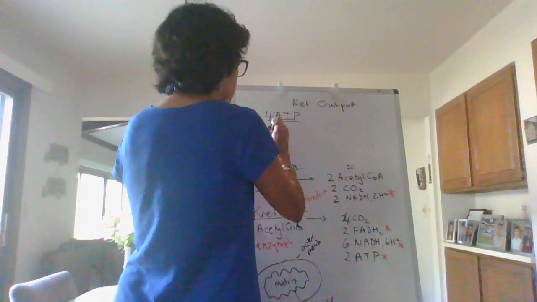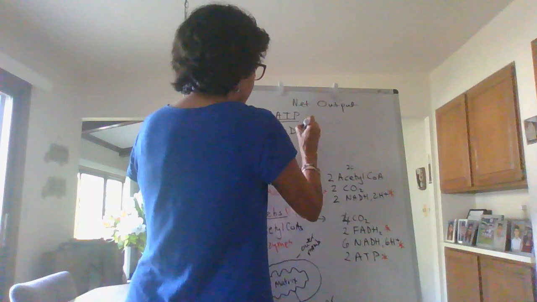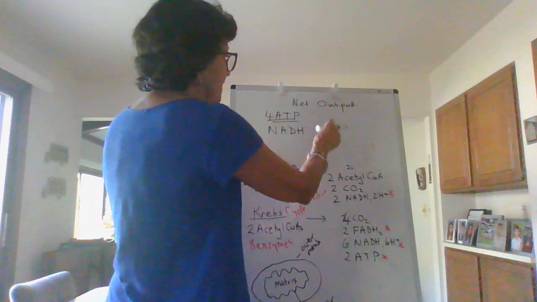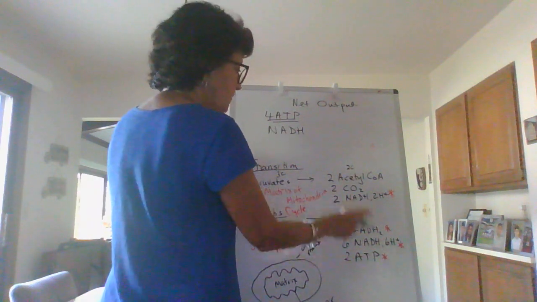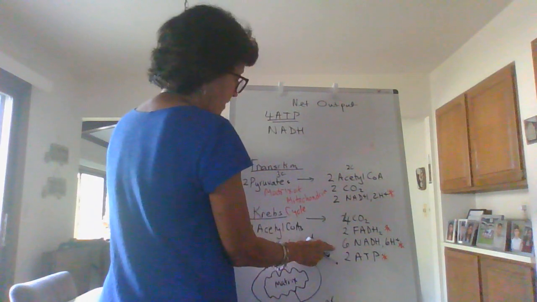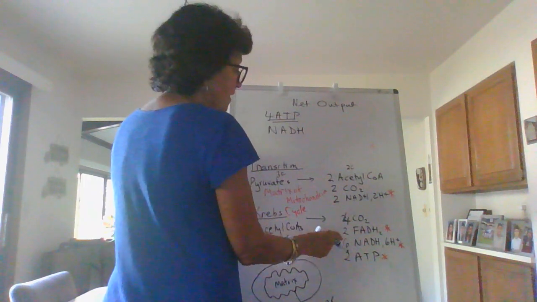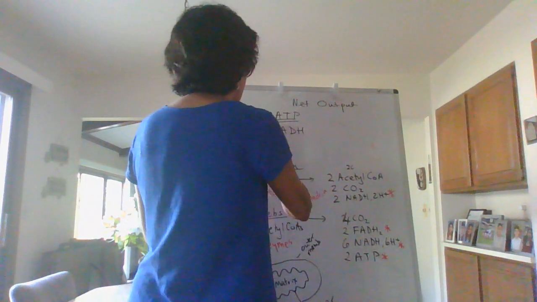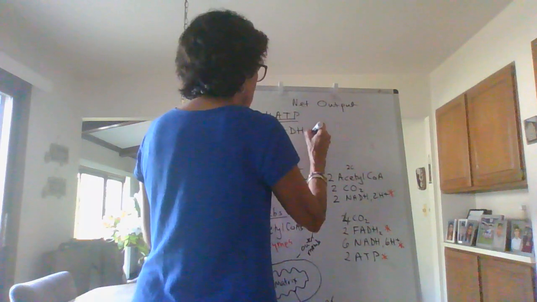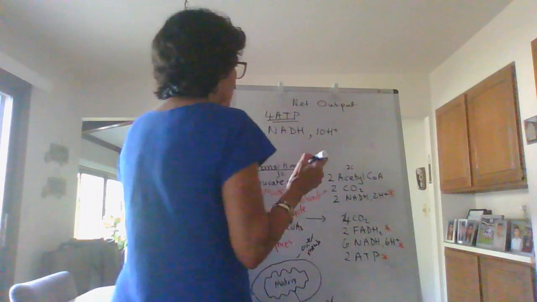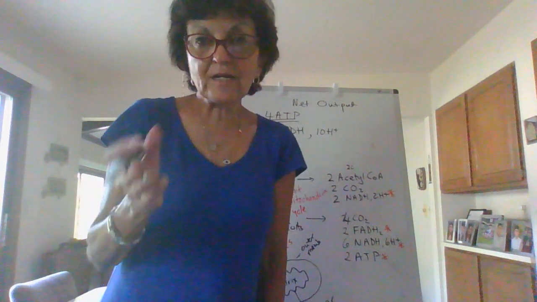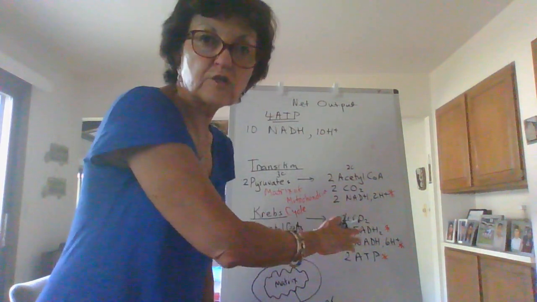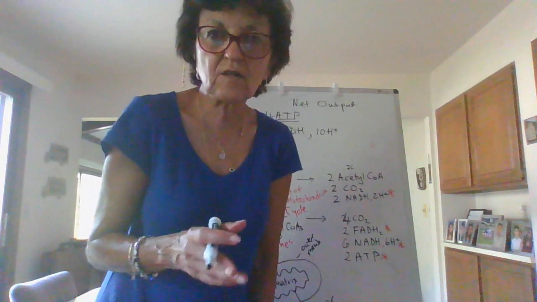All right? So we're going to write down how many NADHs did we produce? What is the total number of NADHs? We had 2 in the cytoplasm, 2 over here in transition, and 6 in the Krebs cycle. So a total of 6 and 2 and 2, a total of 10 NADHs. The NADHs that are produced in the cytoplasm actually behave more like the FADH2s, but we don't have to get into the detail of all of that.